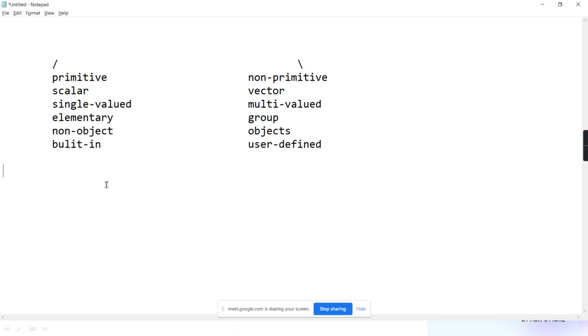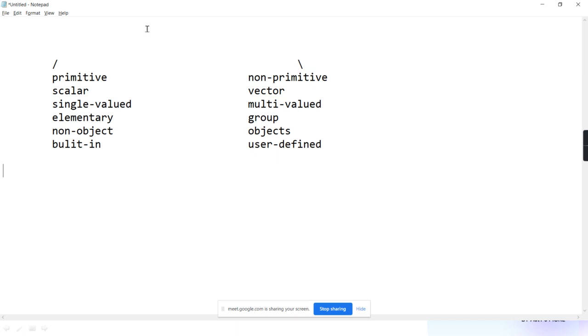So what I'm saying is that they indicate how much memory is reserved. That too is indicated by the data type. Then I told you what you mean by primitive data types. Now primitive data types are also called built-in. They are also called scalar, elementary, single valued. Correct? And you can also call them non-objects, meaning primitives are never objects. And who is the other part of it?